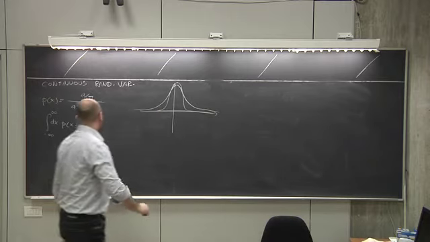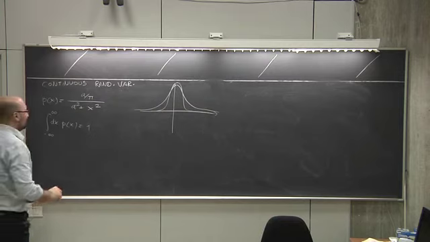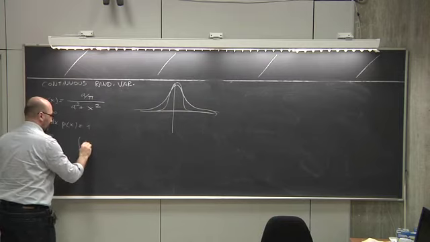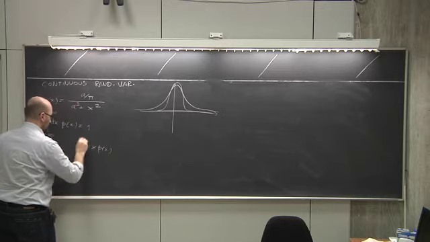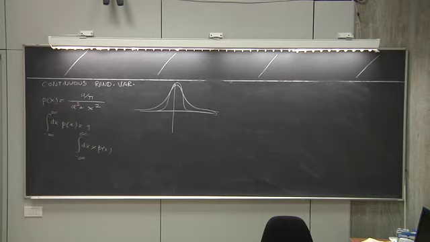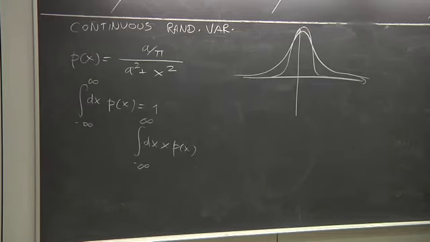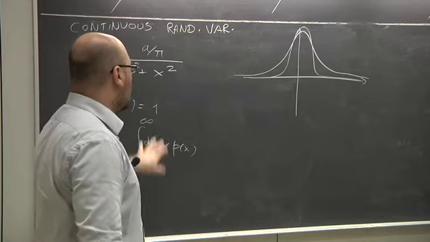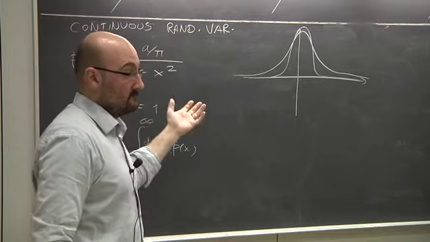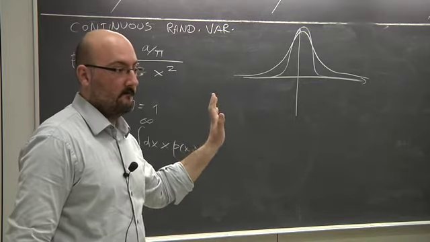First of all, what's the average of x? You got the right answer for the wrong reason. No, it's the correct reason, actually. So it's 0 because it's symmetric. Okay?